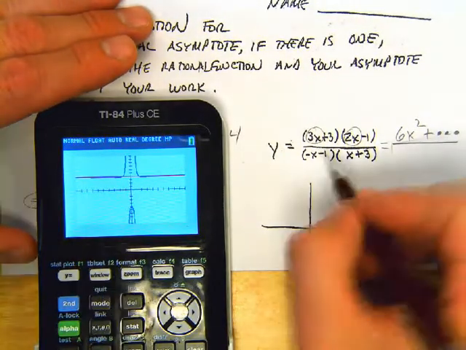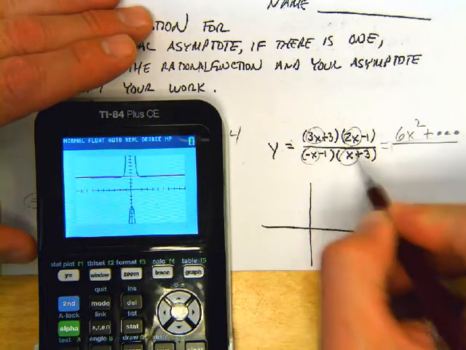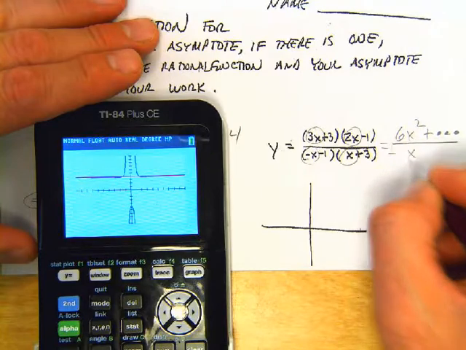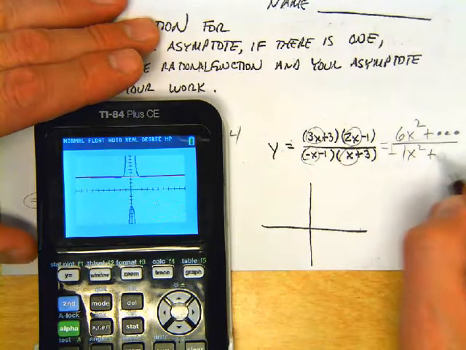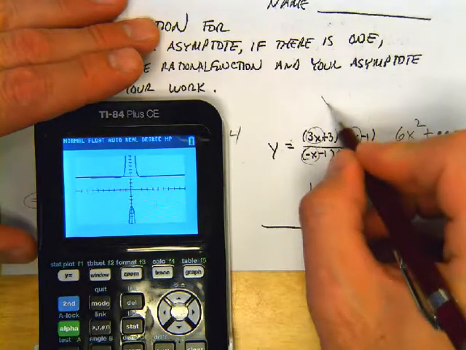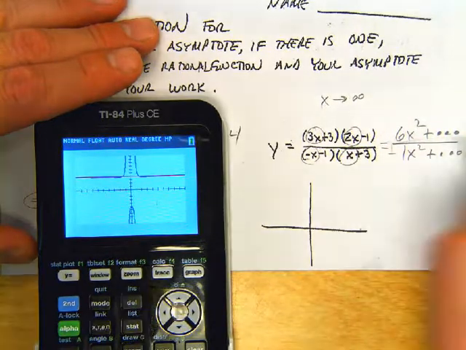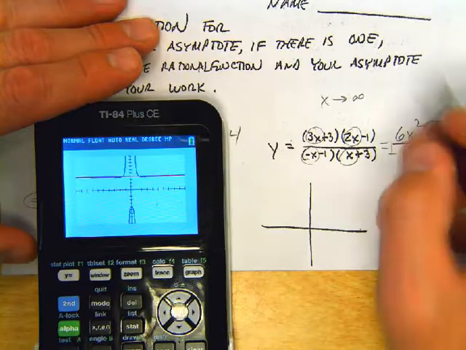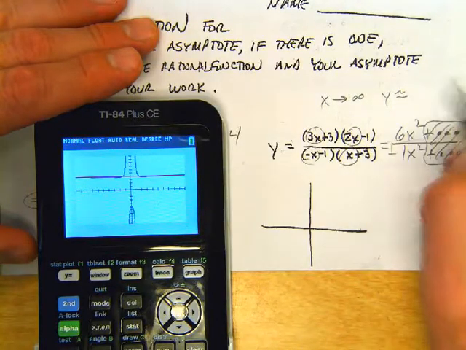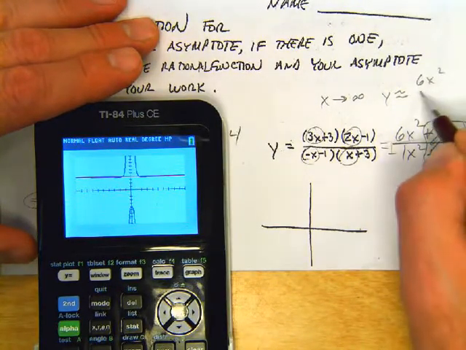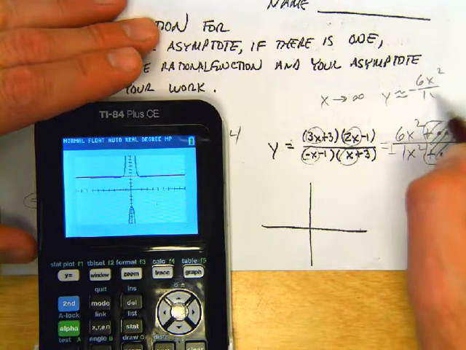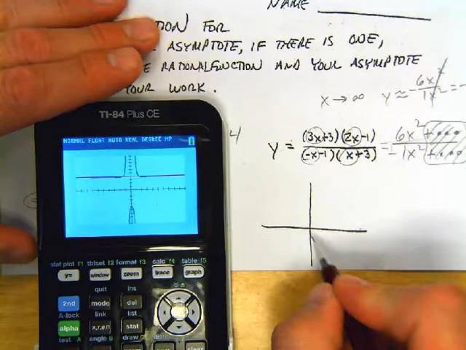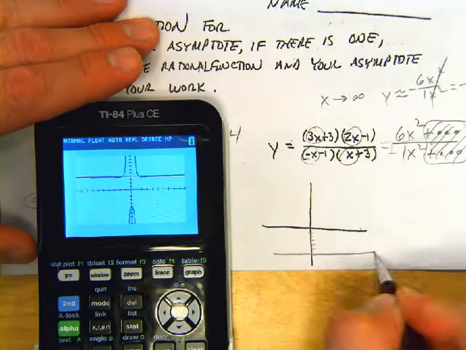In the denominator, the lead terms multiplied, so negative 1x squared, and the other terms don't matter. As x goes to infinity, these terms become insignificant, and the function acts like 6x squared over negative 1x squared, and so this simplifies to negative 6. So there should be an asymptote down there.